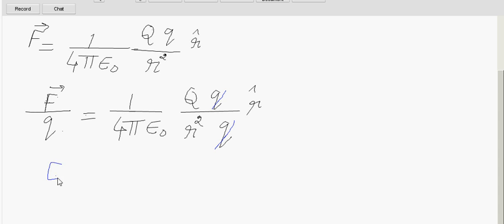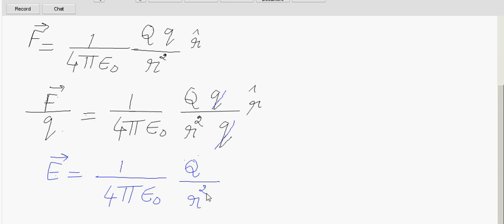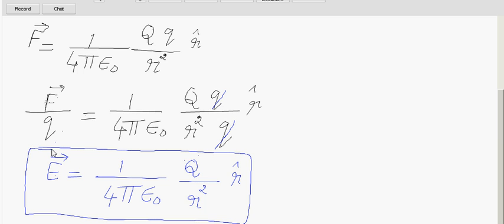So electric field E equals 1 by 4 pi epsilon naught into Q divided by r square into unit vector r. This gives the electric field intensity at a point A due to charge Q.